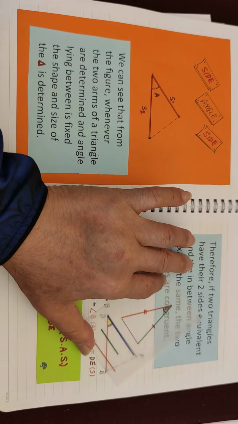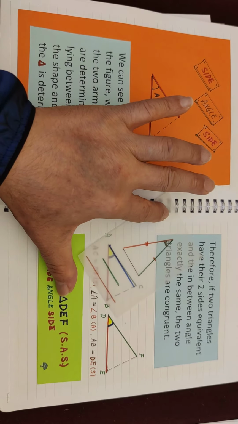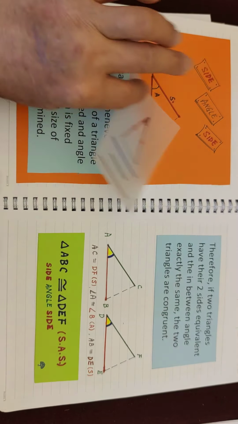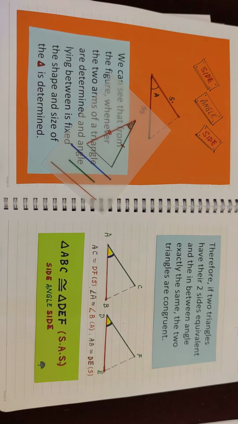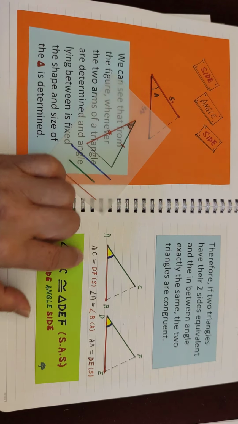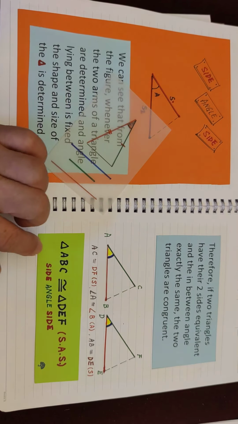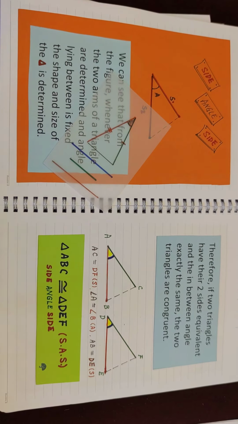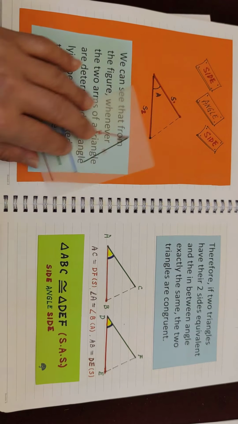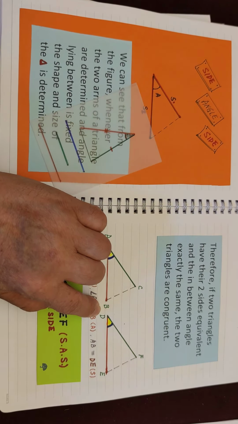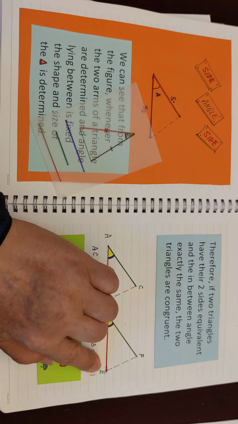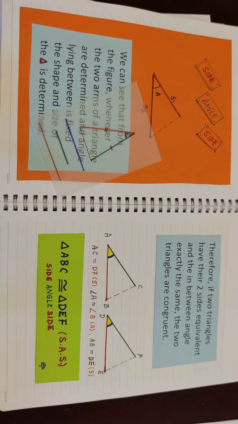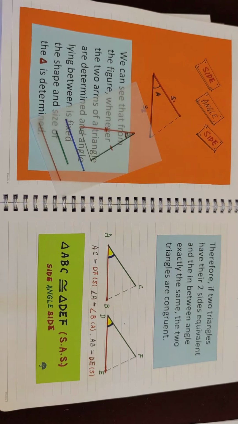Yes, and AC and DF. Therefore, triangle ABC is congruent to triangle DEF, side angle side, SAS, with angle A corresponding to angle D, angle B corresponding to angle E, and angle C corresponding to angle F, with the vertices in the corresponding order.